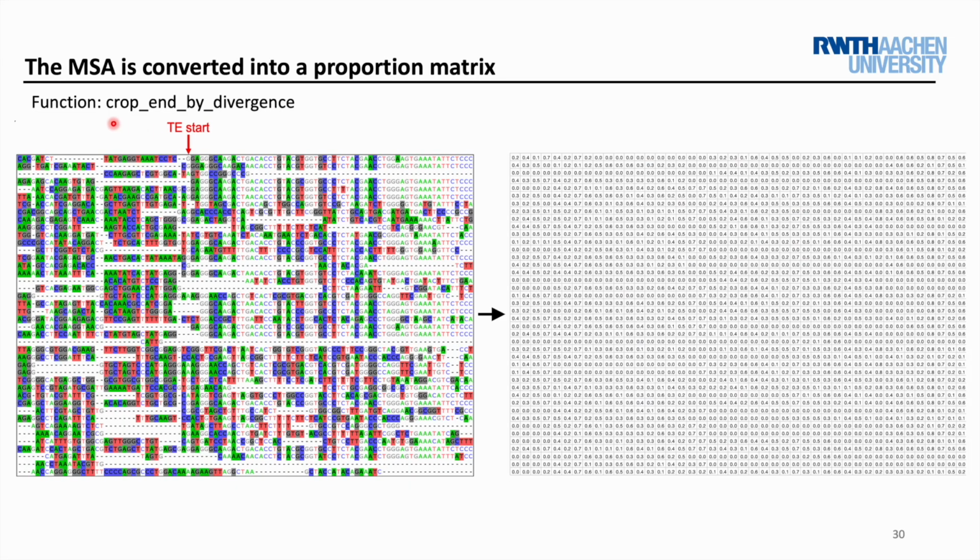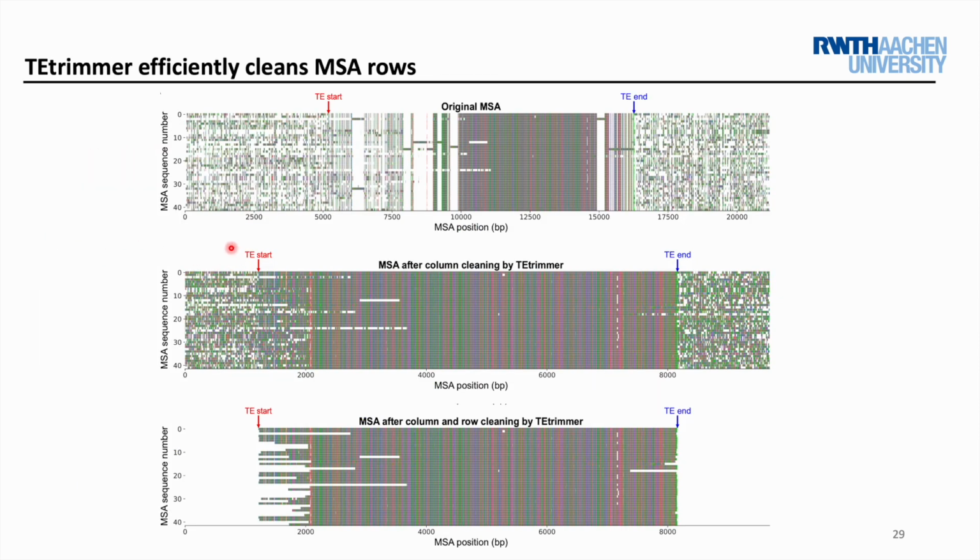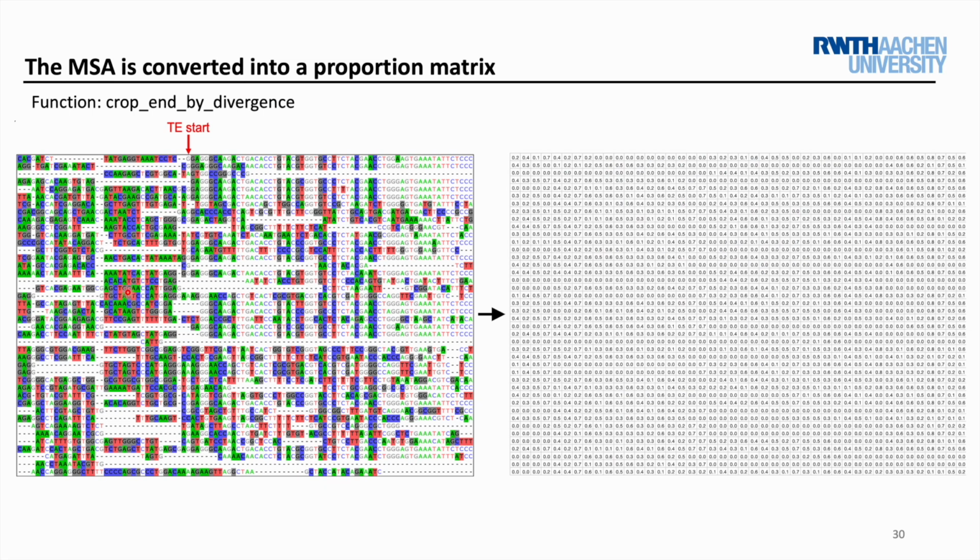The first is called crop end by divergency. Let's say this is the starting region of the multiple sequence alignment. You zoom in, come to here. The crop end by divergency function will convert the entire multiple sequence alignment to a proportion matrix.